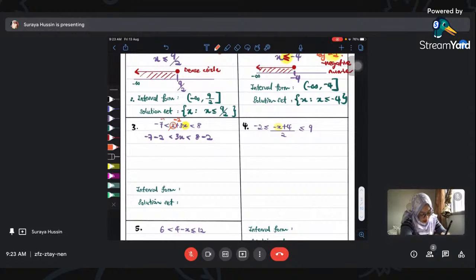Sebab itulah you tolak 2 kiri dan kanan. Right? And then saya percepatkanlah jalan kerja saya. I will get -9 here and I will get 6. Therefore, x is less than 2 and here is -3.